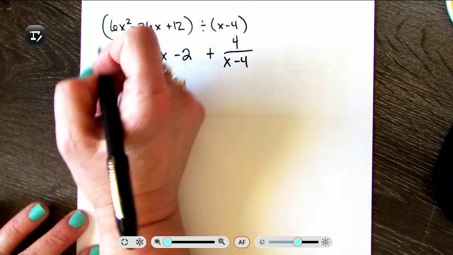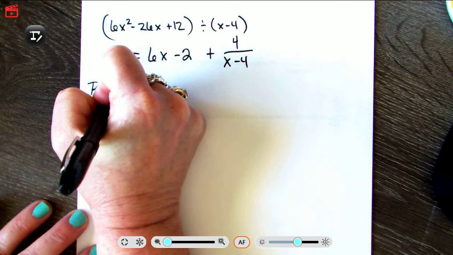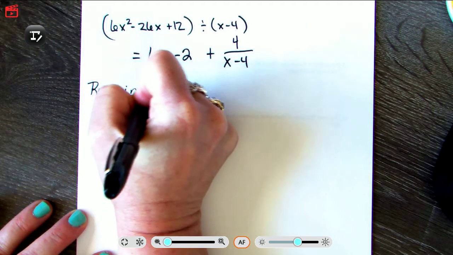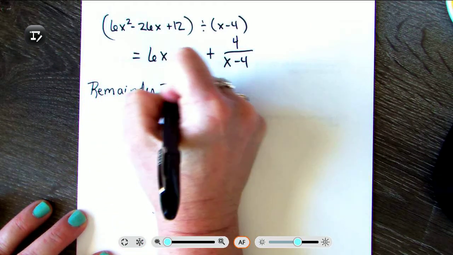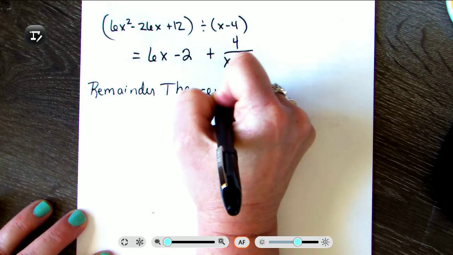Okay, I do want to throw in a little bit of the remainder theorem here for us. And the remainder theorem is kind of a cool result, I guess. And we'll show that it works.